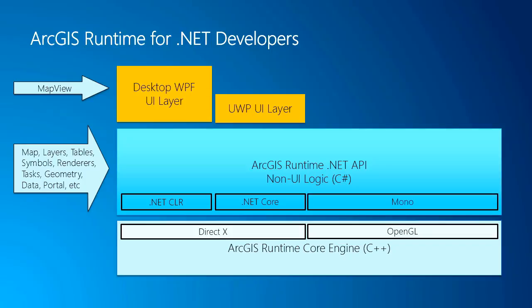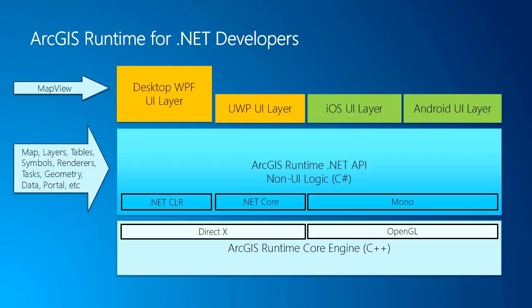Now, as part of the ArcGIS Runtime SDK for Xamarin, we're building this on top of the non-Windows implementation of .NET, so Mono .NET. And we're building on top of our common .NET API layer and building out a way to render content controls within iOS and Android. So being able to provide a map view and a scene view, controls that render for Android and iOS, leveraging the bindings that are part of the Xamarin platform.